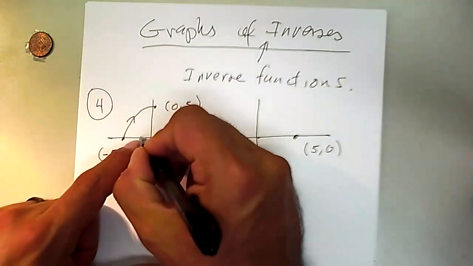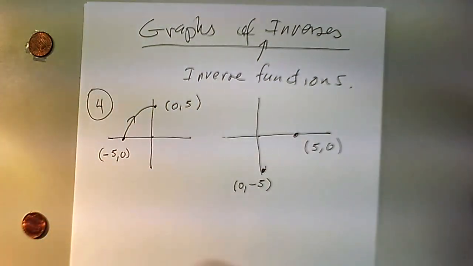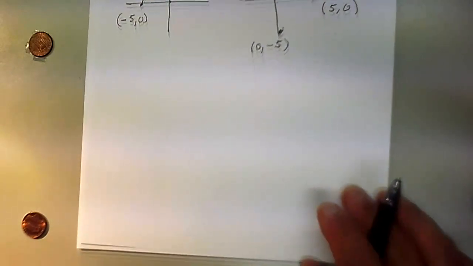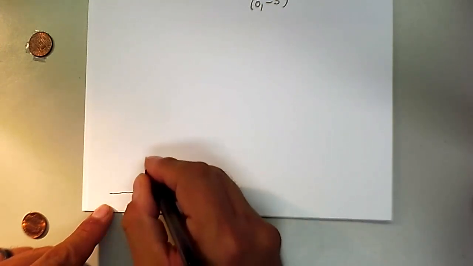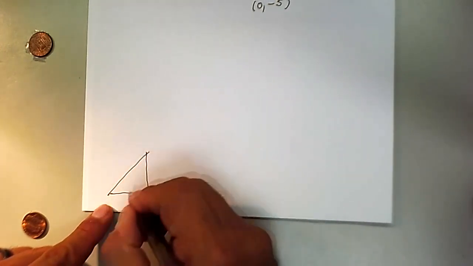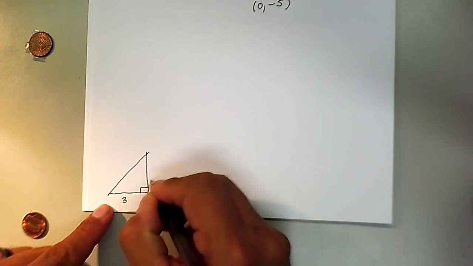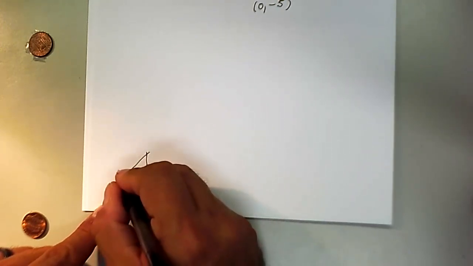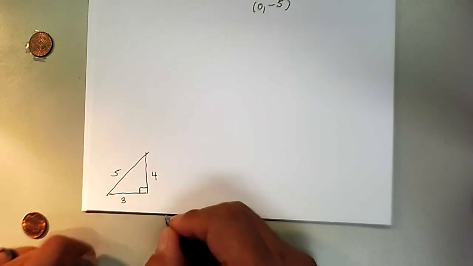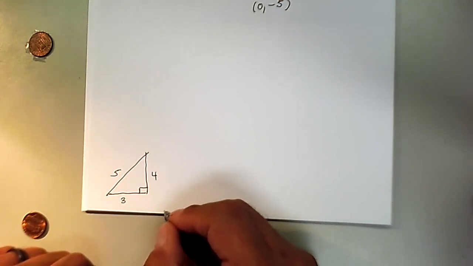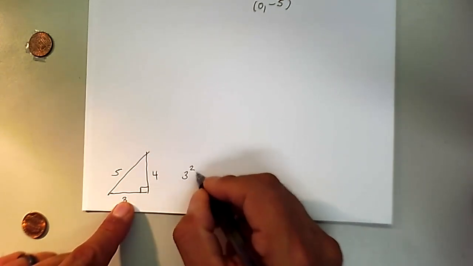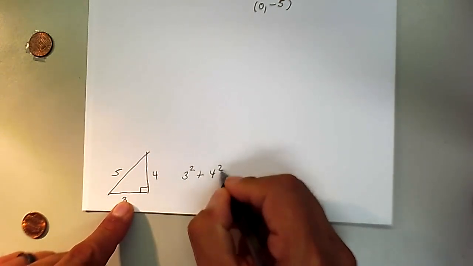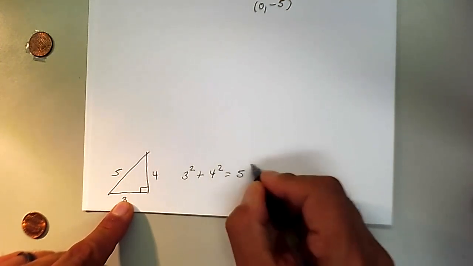Well, 5, it's interesting, I picked 5 because there's a triangle I know, and you probably know it from geometry, that looks like this: 3, 4, 5. It's a right triangle, and we know from Pythagoras that 3 squared plus 4 squared equals 5 squared.